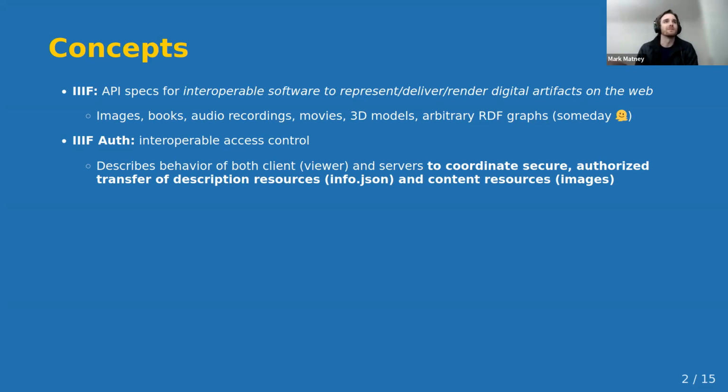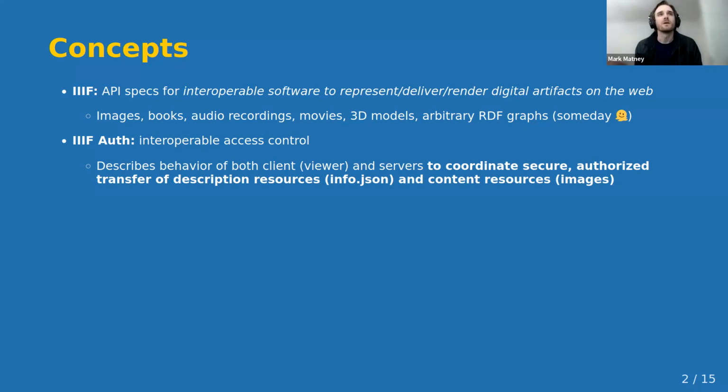And so my high-level summary that I came up with a couple hours ago is it's API specifications for interoperable software to represent, deliver, and render digital artifacts on the web. So this is things like images, books, audio recordings. Hopefully one day we'll get to arbitrary RDF subgraphs, just putting that out there, trying to manifest that.